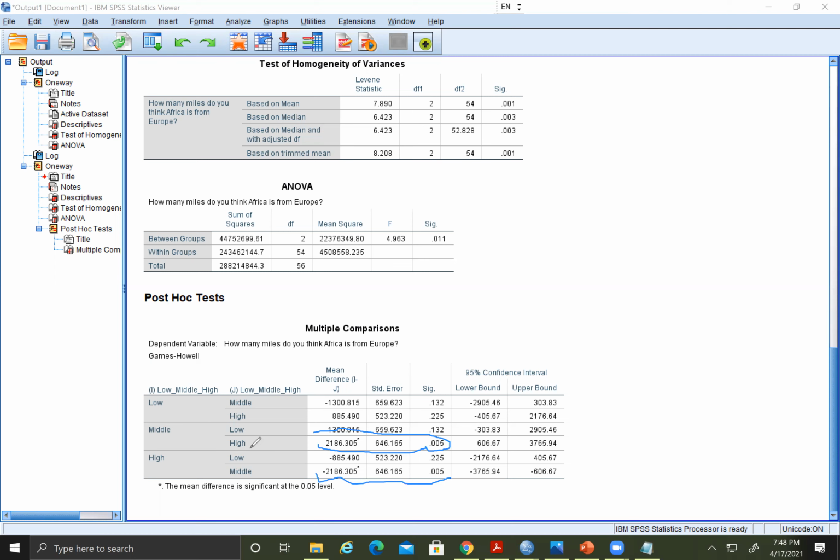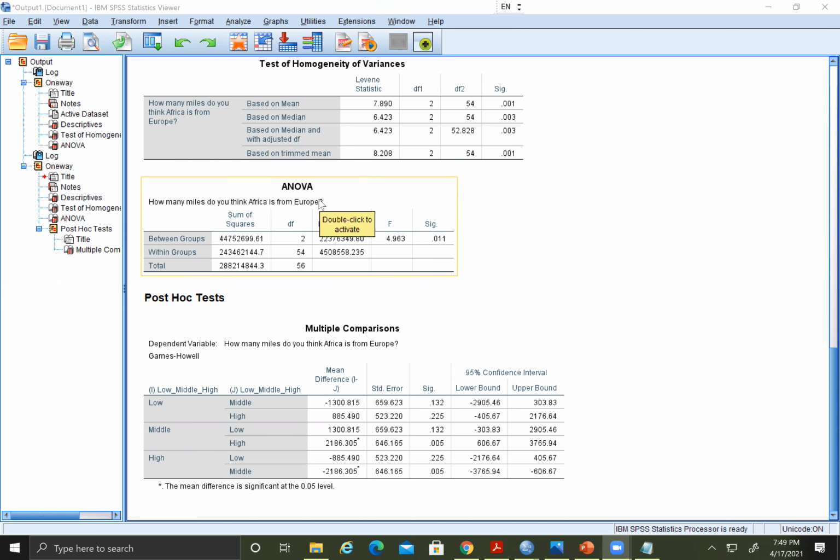So middle subtract high is this 2.186, and high subtract middle will be negative, because it makes sense when you switch the number you are subtracting. What we are doing here is trying to see which groups are specifically different.